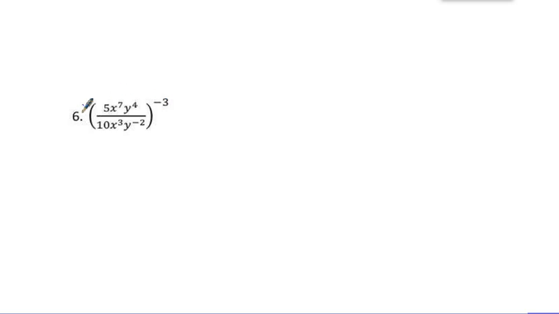This entire fraction is raised to a negative exponent. And so I'm going to move everything from the denominator to the numerator and everything from the numerator to the denominator as I raise it to the 3rd power. So I'll start with the denominator. 10 cubed.